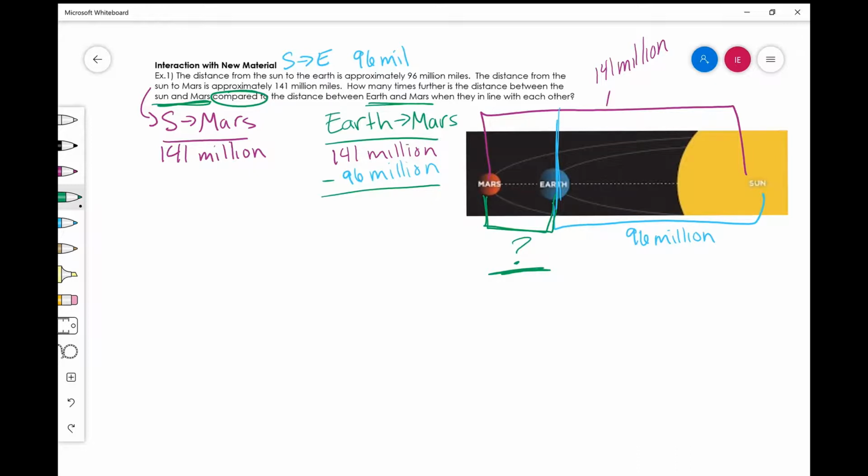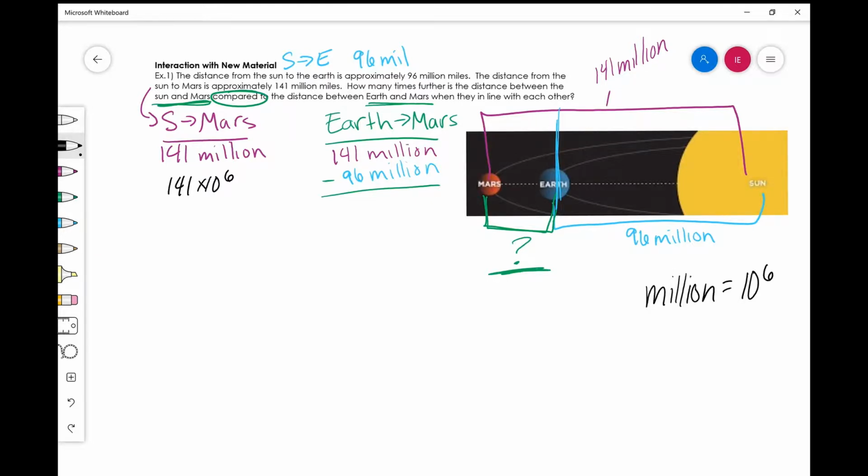First, we need to recognize that we need to move all of our numbers into scientific notation. As a tip, just remember that a million is the same as saying 10 to the 6th. So since I have millions for all of these numbers, I can go ahead and just say 141 times 10 to the 6th for the distance between Sun and Mars.